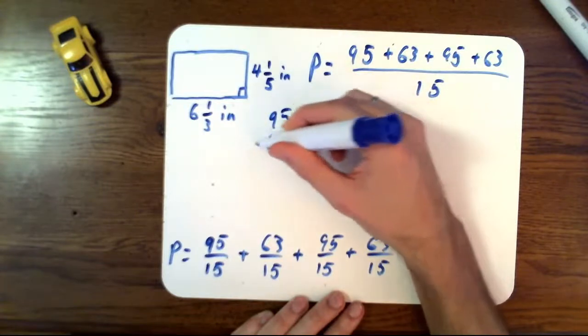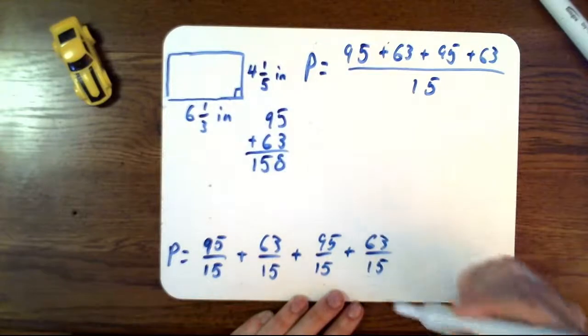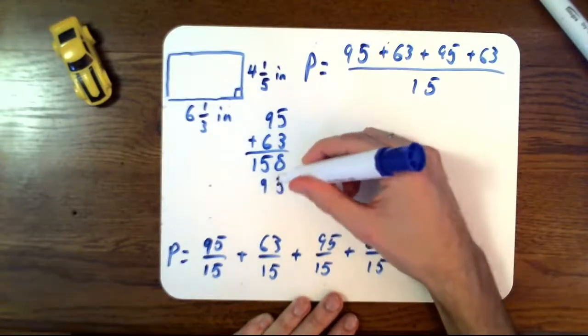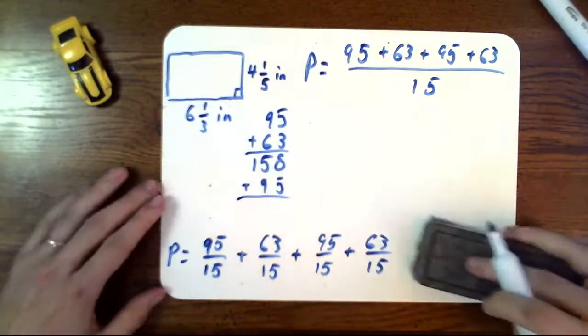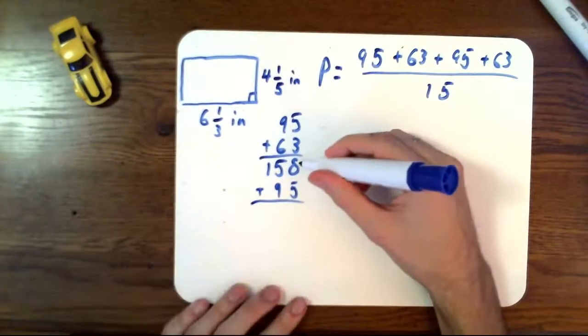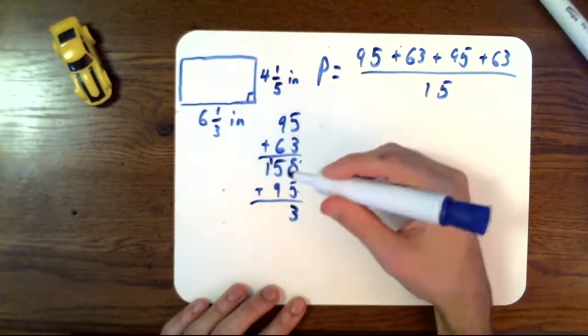95 plus 63, that's an 8, so 15. Plus 95, let's see, 8 plus 5 is 13, carry the 1.